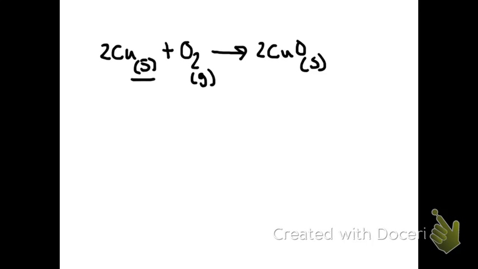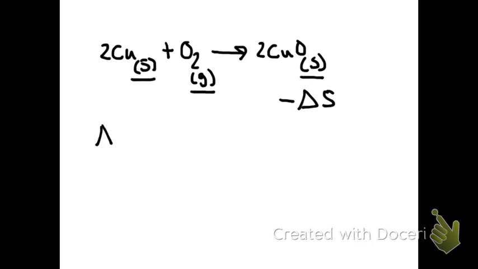So we're going to go from a solid and a gas, and we're going to create a solid. So the gas is more disordered than the solid state, and so the universe is becoming more ordered. So our delta S for this process should be negative because we're losing our gas and making a solid. So the entropy should be lowering, or we get a lower entropy.